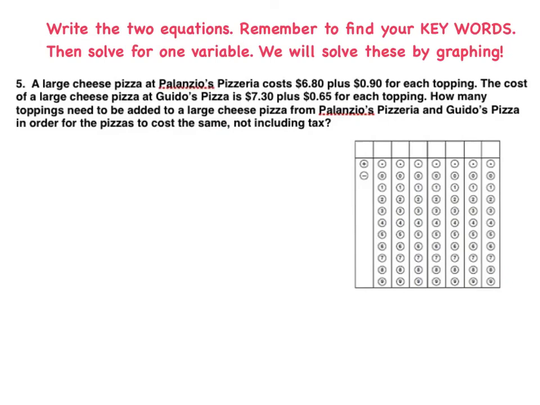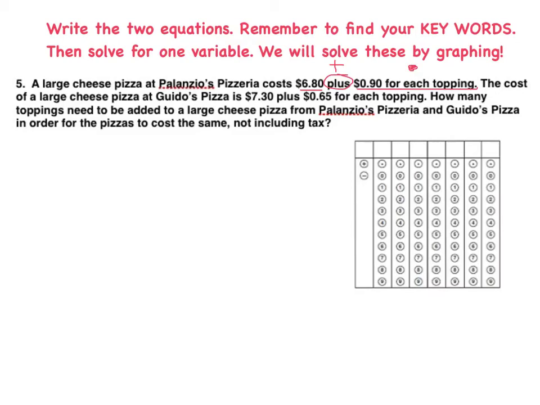We're going to write the two equations because, again, we're coming from a word problem. Find your keywords, and then we'll be able to do this. The second part we'll solve here, but then we'll do the graphing part in class. So the problem says, a large cheese pizza at Palazzo's Pizzeria costs $6.80 plus 90 cents for each topping.